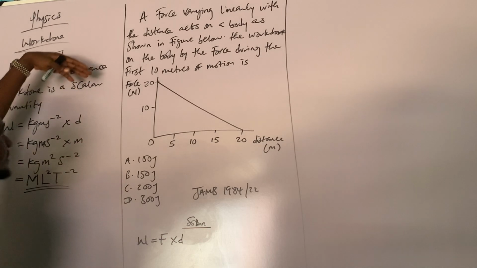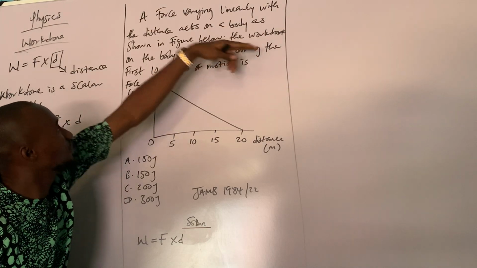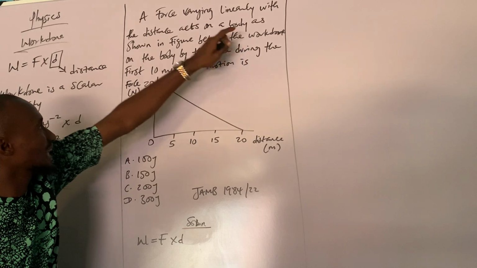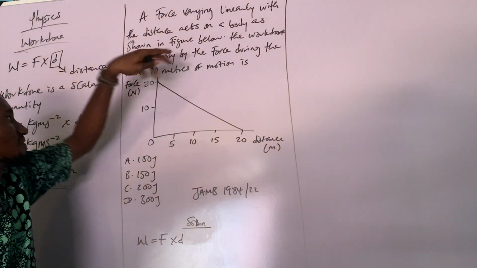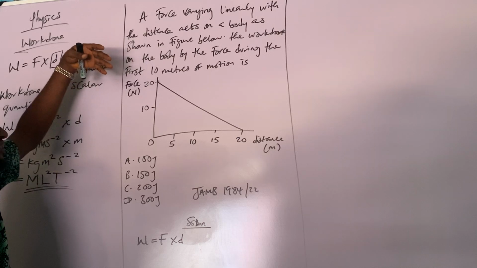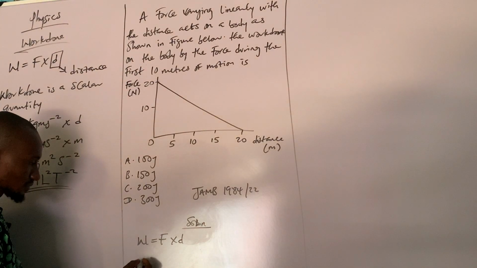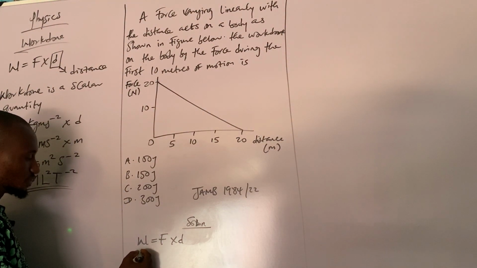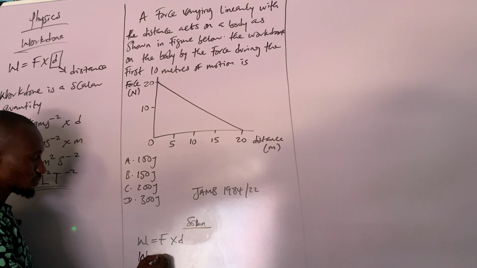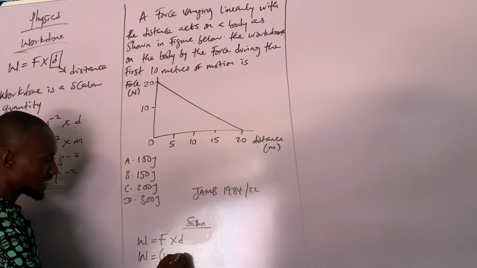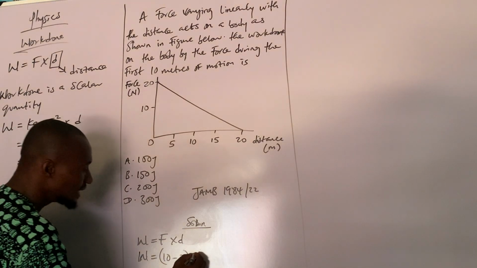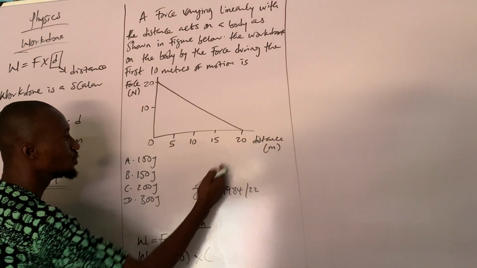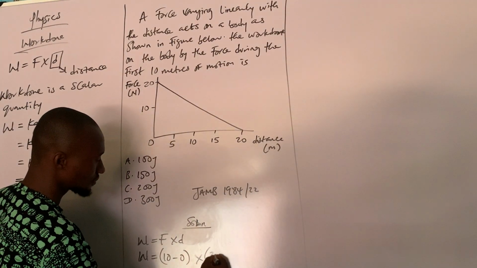They said a force varying linearly with the distance acts on a body as shown in the figure below. The work done on the body by the force during the first 10 meters of motion is, W is equal to 10 minus 0. That is for the force. Then times, when it comes to distance, 20 minus 0.